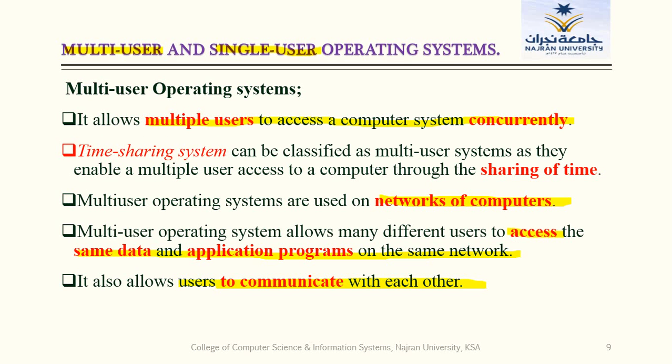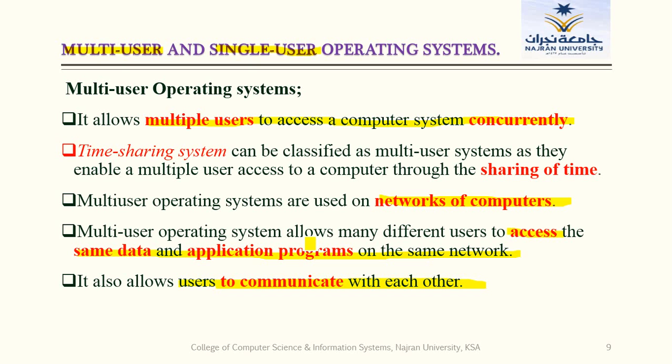Then we have seen multi-user and single-user operating systems. A multi-user operating system allows multiple users to access the computer system concurrently. A time sharing system is an example of a multi-user operating system, and multi-user operating systems are used on a network of computers. So we are accessing the same data and application from different computers on the same network.